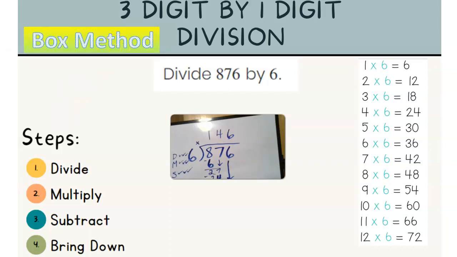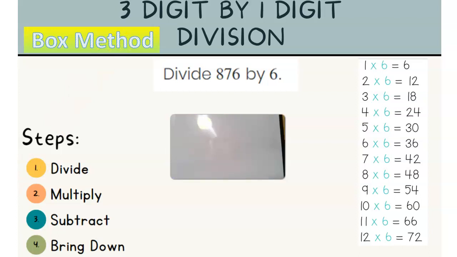Let's solve this same exact division problem, but with another method called the box method. Okay, for the box method of division, we're going to take 876 and put that in kind of a box. 876 is my dividend.